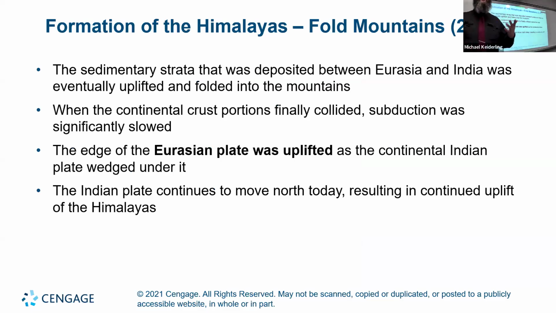So that sedimentary strata that was deposited between Eurasia and India eventually got lifted up and folded into the mountains. And when the continental crust portions finally collided, the process of subduction was significantly slowed because suddenly you had two big, thick lumps of material that couldn't sink anymore.